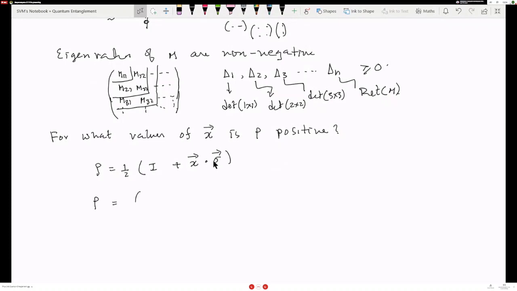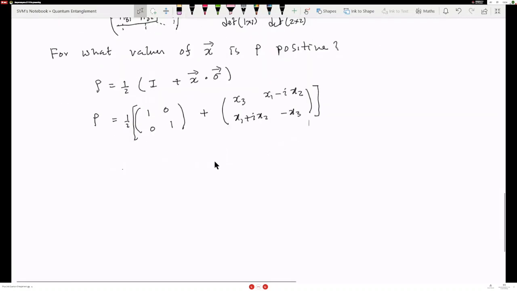So if I expand that one, let's say I have half, and this is the matrix 1 0 0 1, plus x1 sigma x and x2 sigma y like that. So this is x3, x1 minus ix2, x1 plus ix2, minus x3.